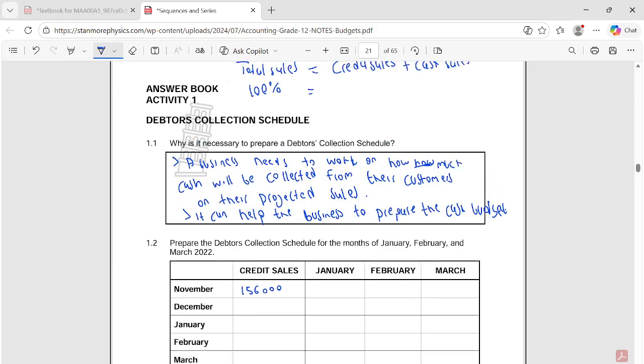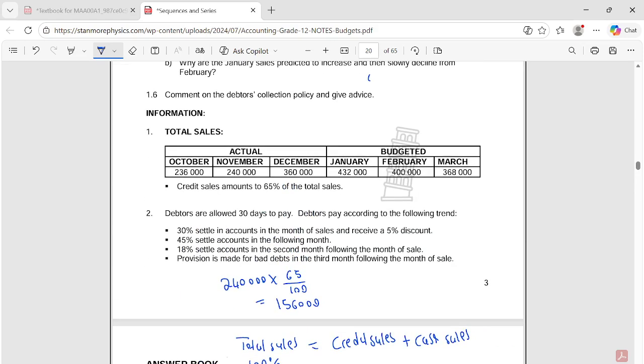So I'm going to write 156,000. I'm going to do the same with December: 360,000 multiplied by 65 over 100. What am I getting?